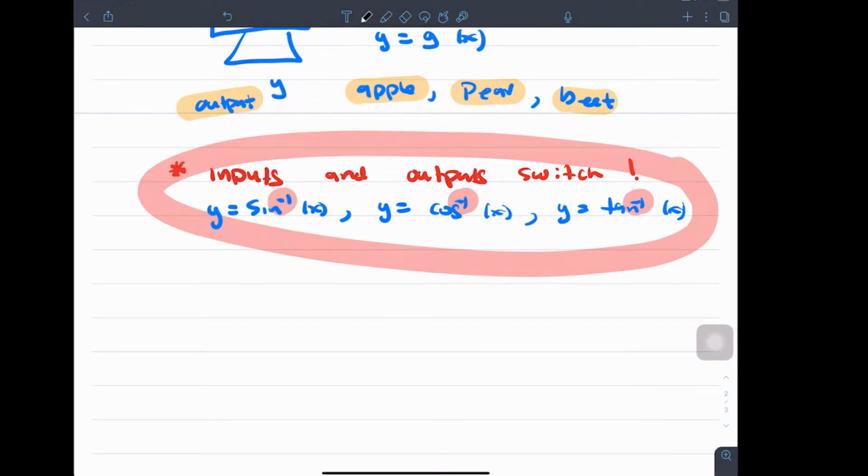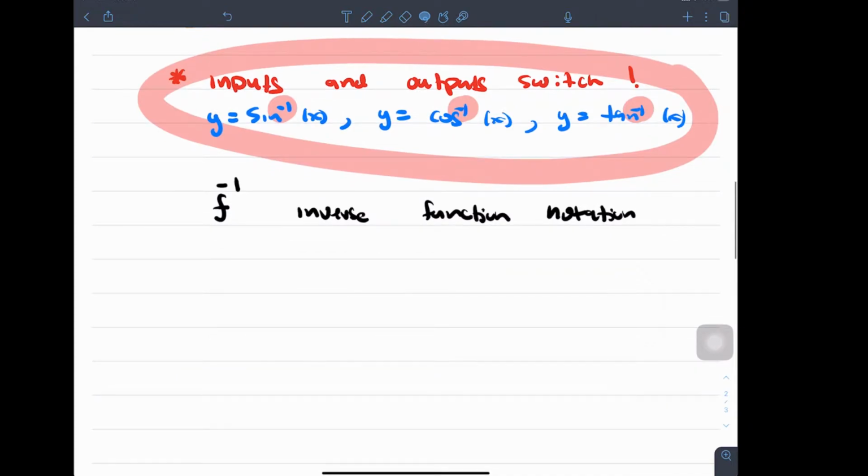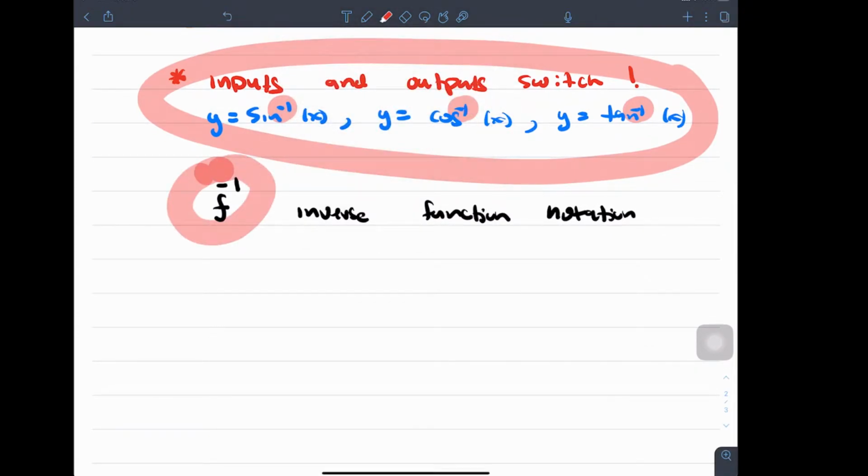You say, what's the notation? This is inverse function notation.